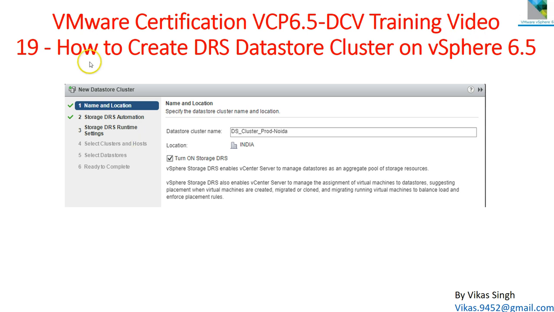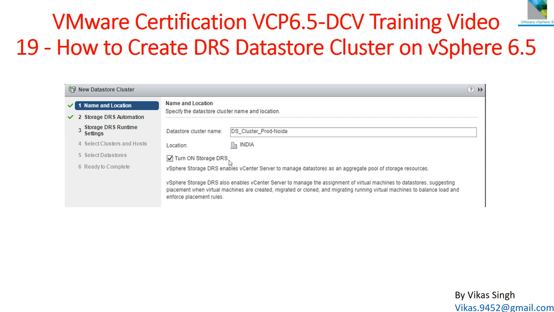If you are going to create a new data store cluster, you have to understand a few things. The first thing you can see here is turn on storage DRS. It is one of the most important things when you want some automation for a data store cluster.